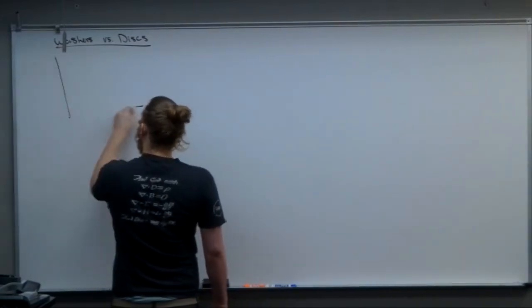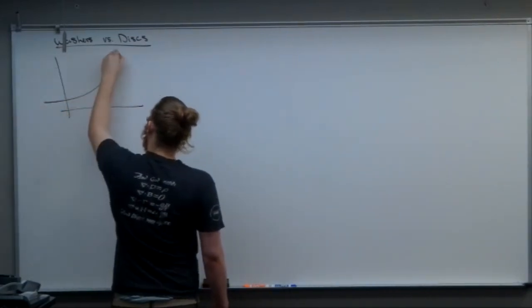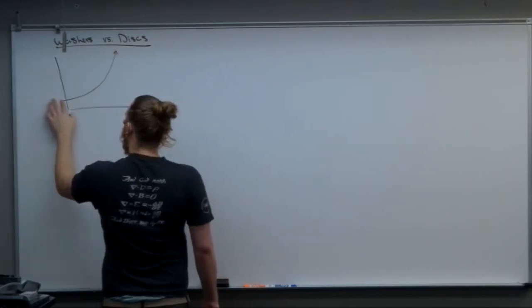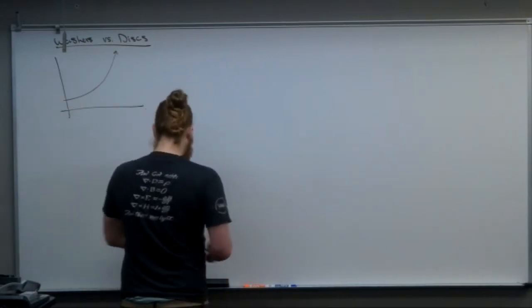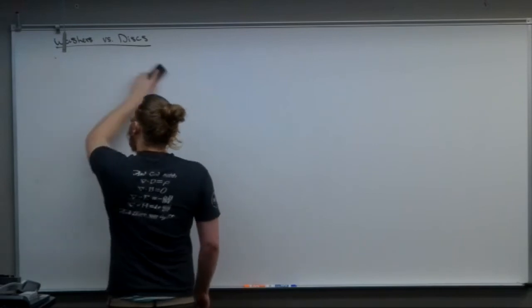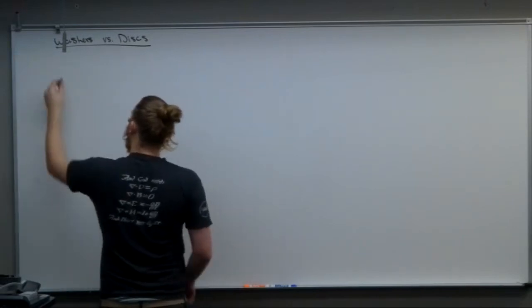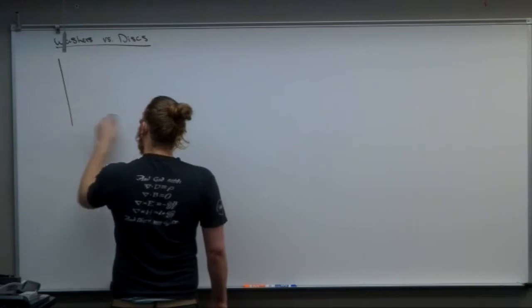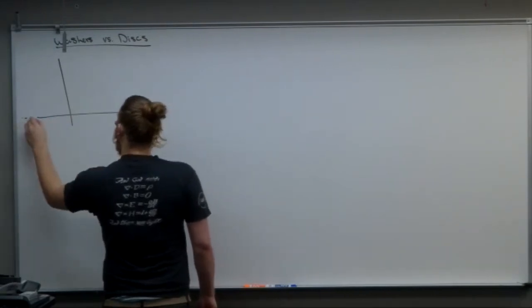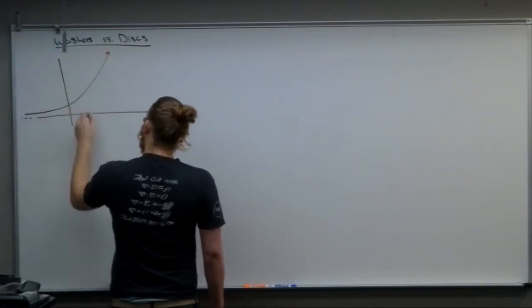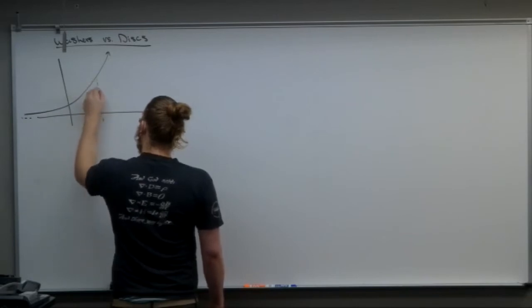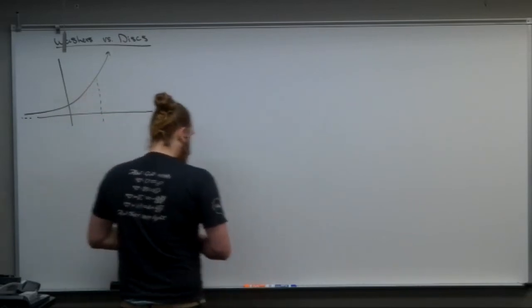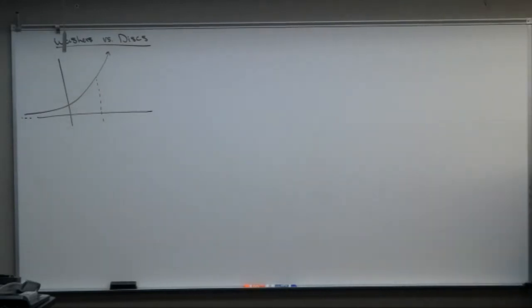This last one, e to the x from 0 to 1 rotated, gives me a disk when I rotate about the x-axis.